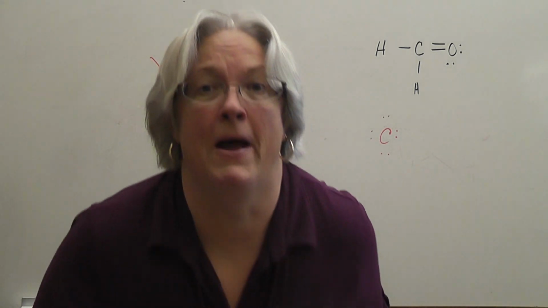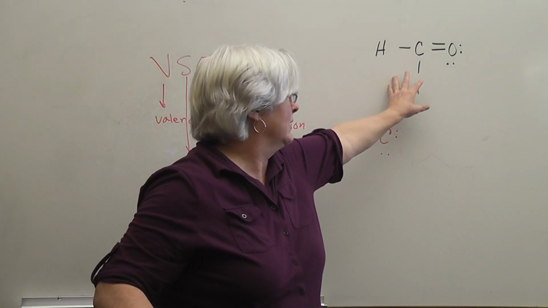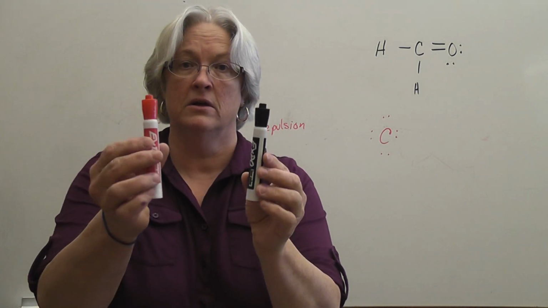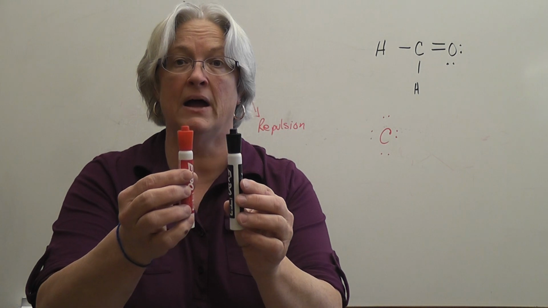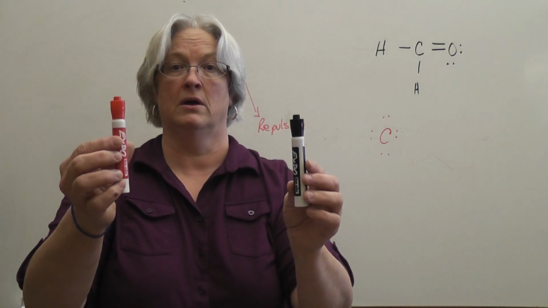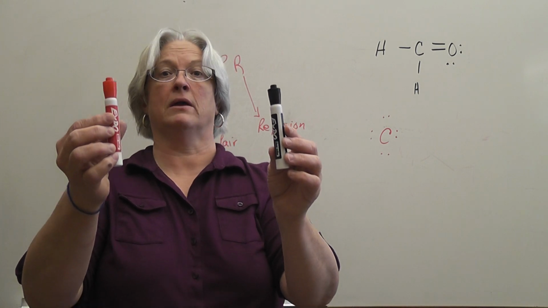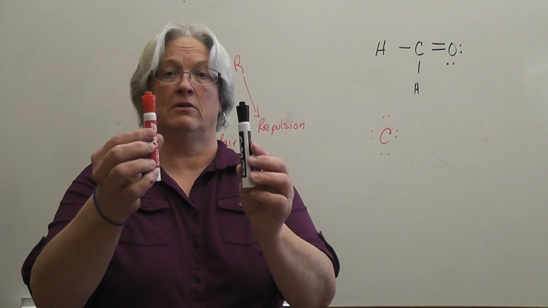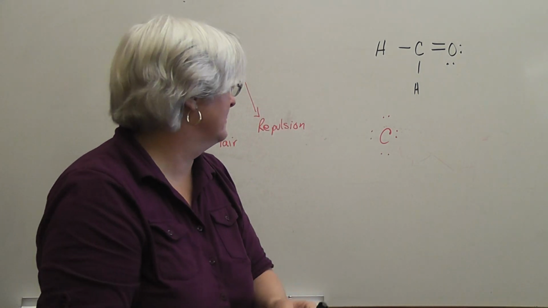You want to just back up. That's what these electron pairs are doing. The pairs have a very big personal space, and they back as far away from each other as they can. There's a limit to how far they can go, but they go back as far as they possibly can.